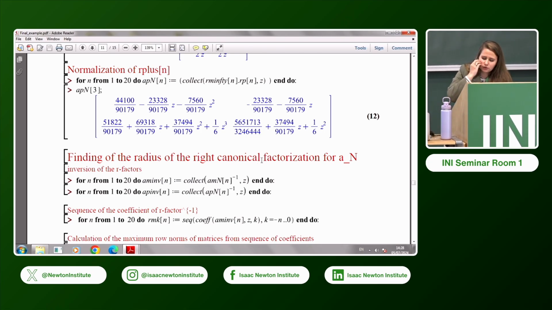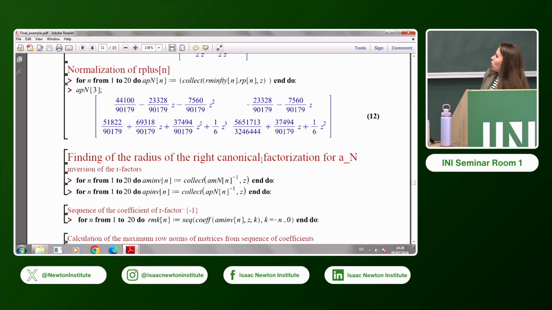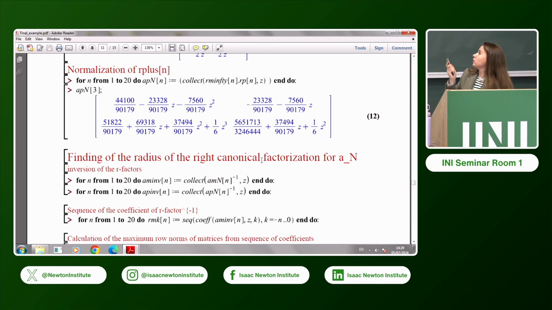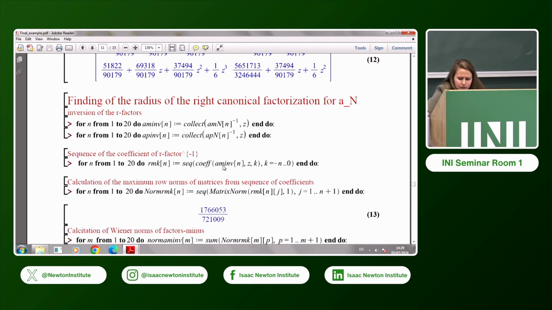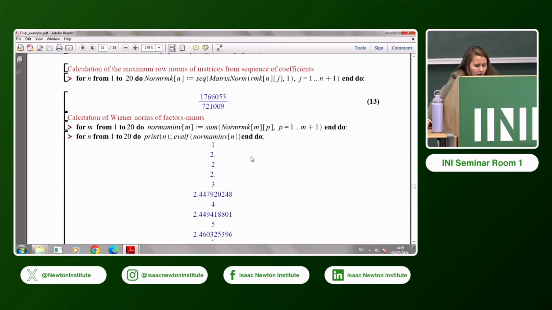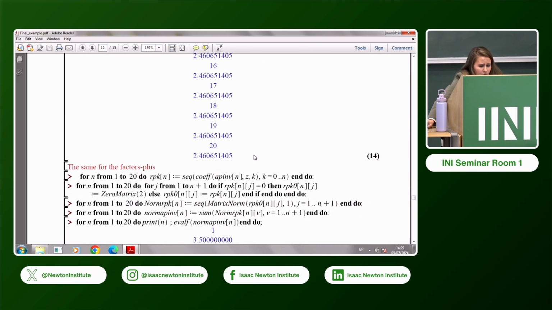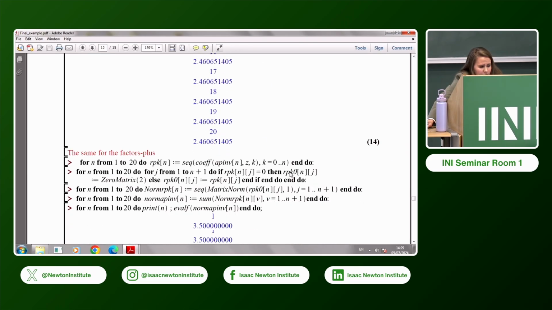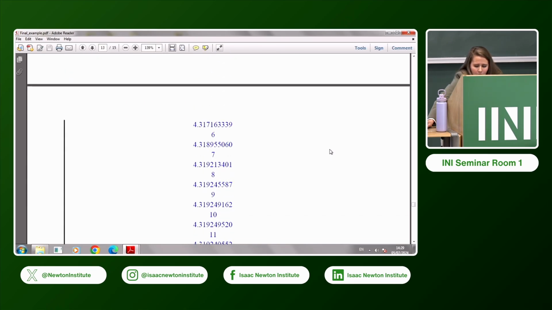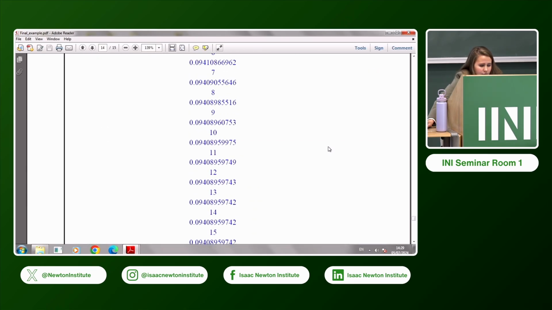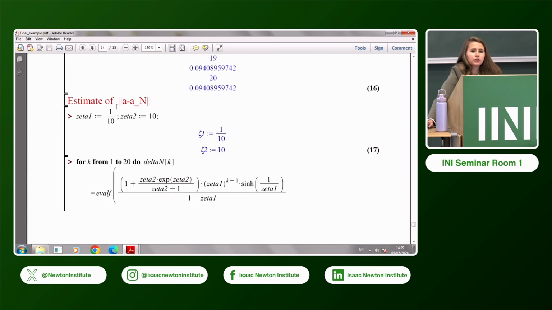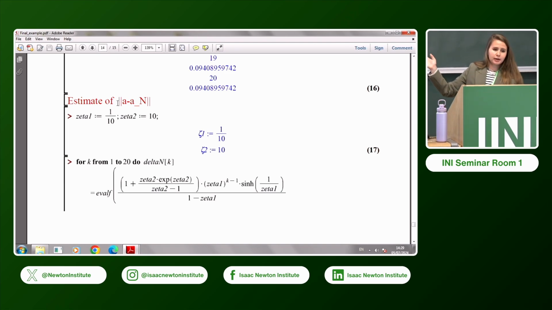In this neighborhood, all matrices will admit the canonical factorization. Then we need to find the norms R minus and R plus, and the same for the factors plus. And in the end, we estimate the difference between A and AN. A was our original matrix function, AN is our approximation.